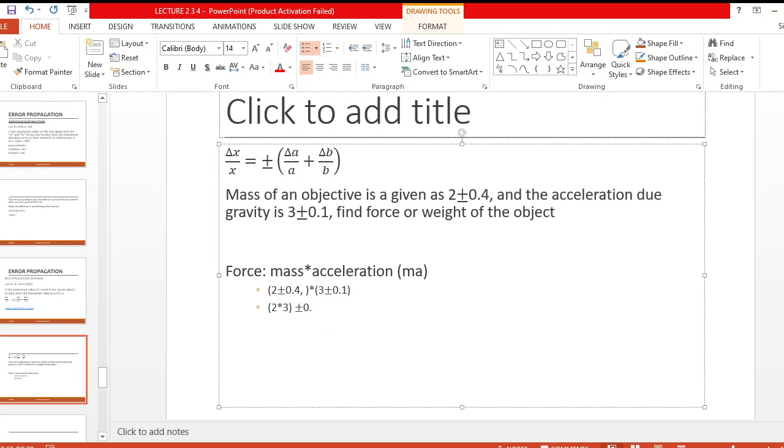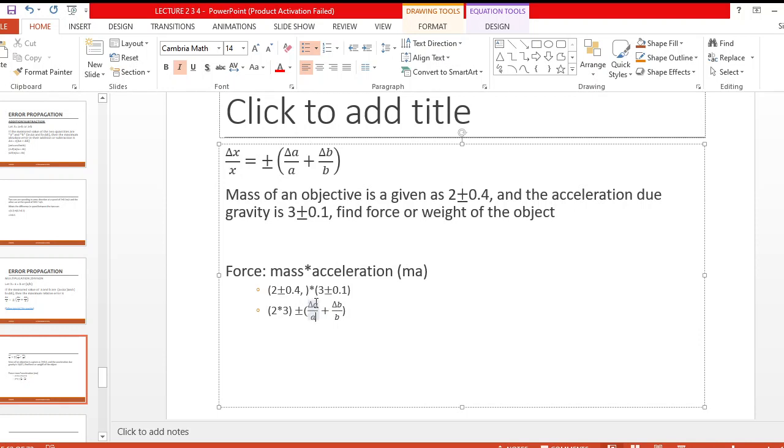But now, in terms of quoting the error, it will be in terms of relative error, which will be the error for the first value divided by its true value plus the error for the second value divided by its true value.